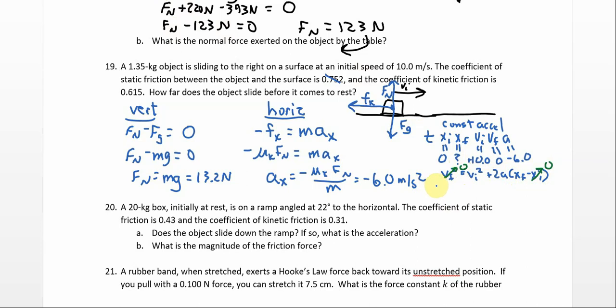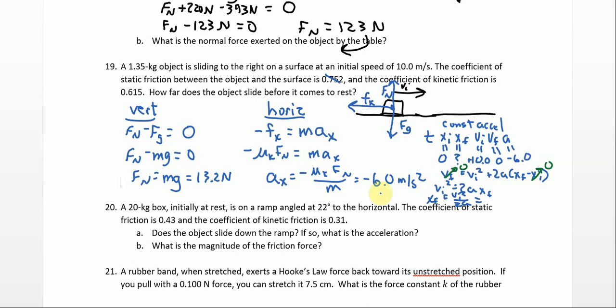So we get vi squared equals 2axf. We're solving for xf. So xf is vi squared over 2a. And I put everything in, so I get 10.0 squared divided by 2 times that negative 6.0.